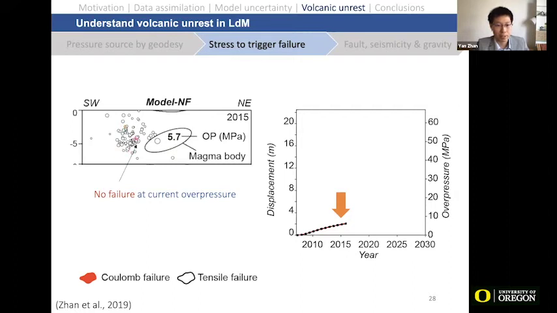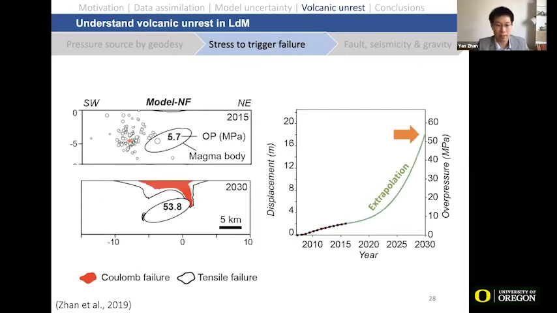We cannot create any failure to explain those earthquakes. If we want to have some failure, we need an unreasonable extrapolation of the overpressure to about 50 megapascal. It would create about a 20 meter surface uplift, which we don't observe. And even if it has some failure, the region of the failure is not consistent with the distribution of the earthquakes. So that means this model doesn't work.